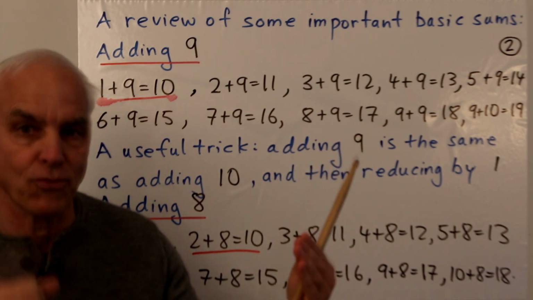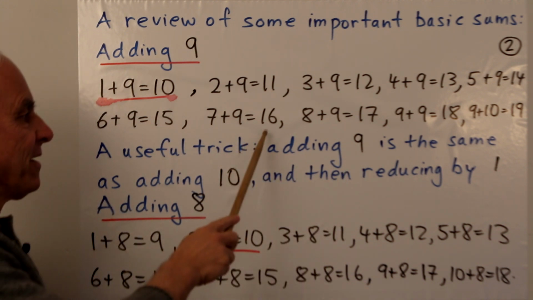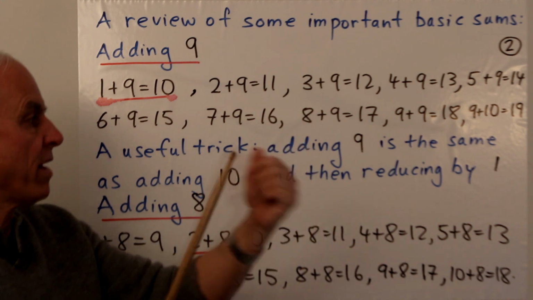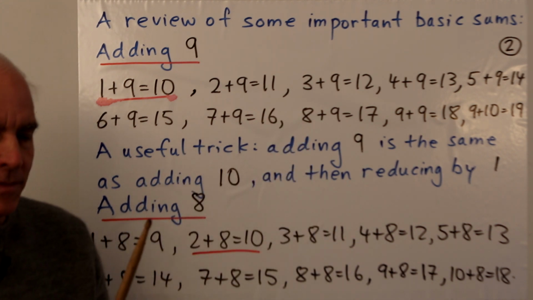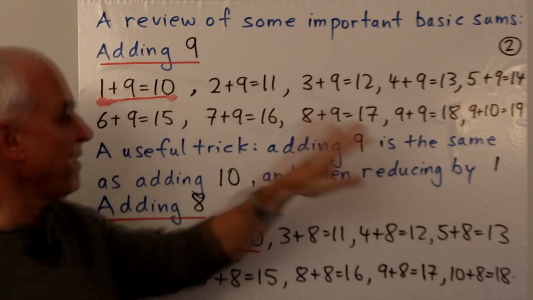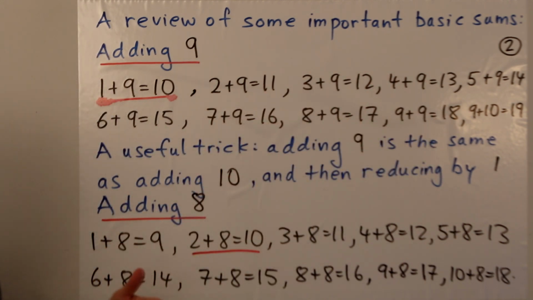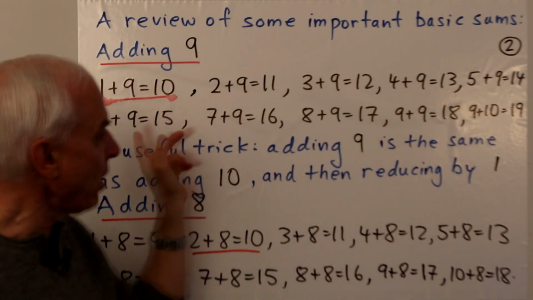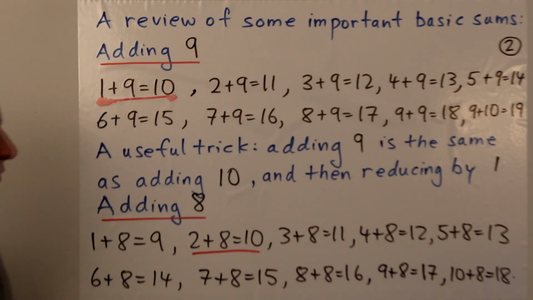We subtract 1, okay, to get 16. 8 plus 9, up to 18, back 1 to 17. Okay, so if we look at all the additions of 9, then that pattern is clear. So it's nice to look at all of those at the same time and go through each one of them with your young person.